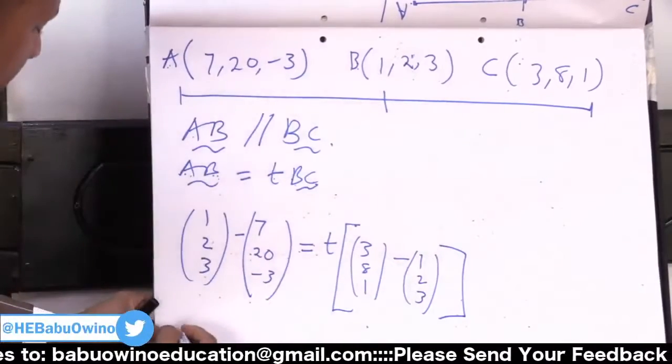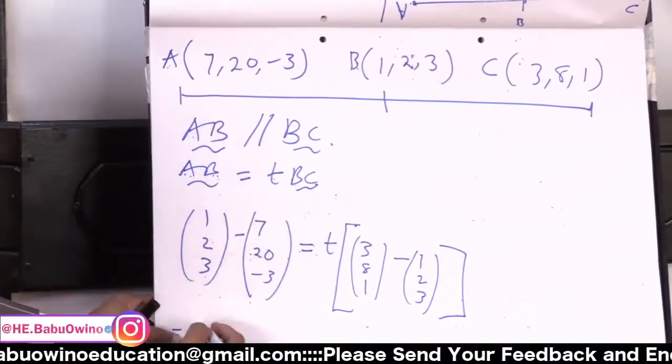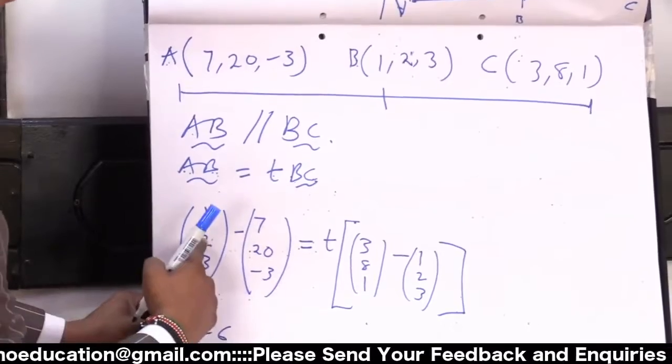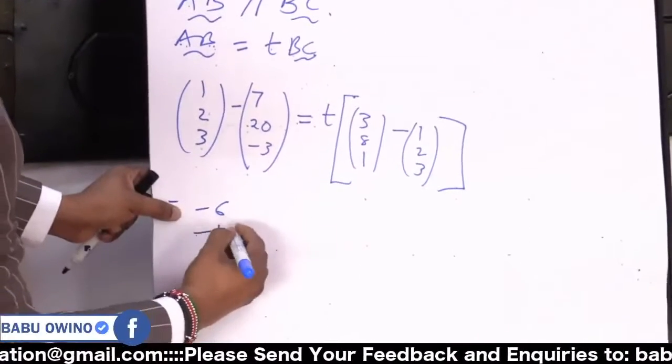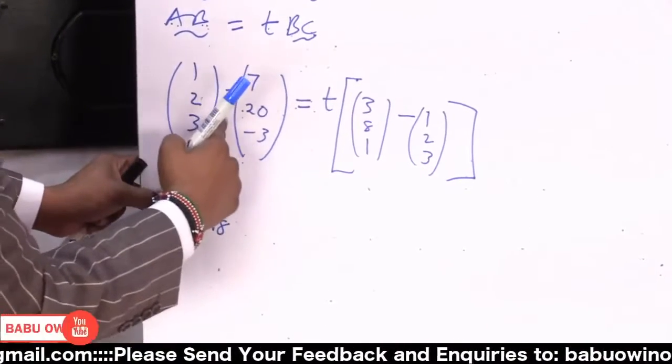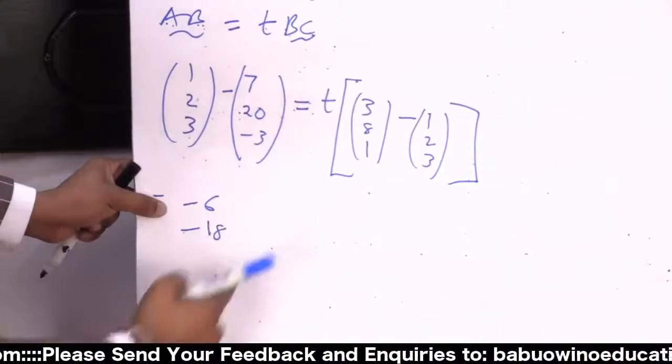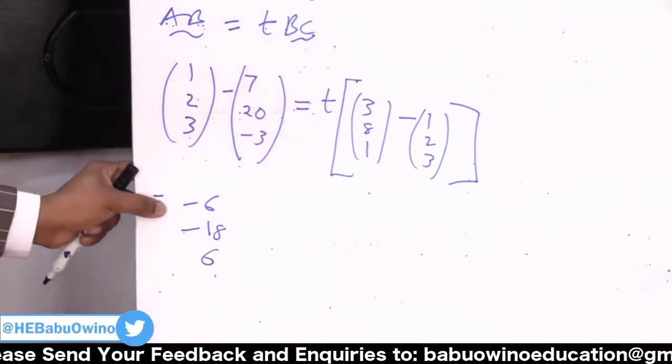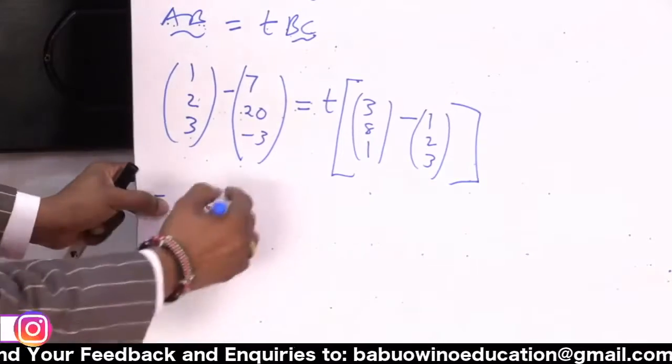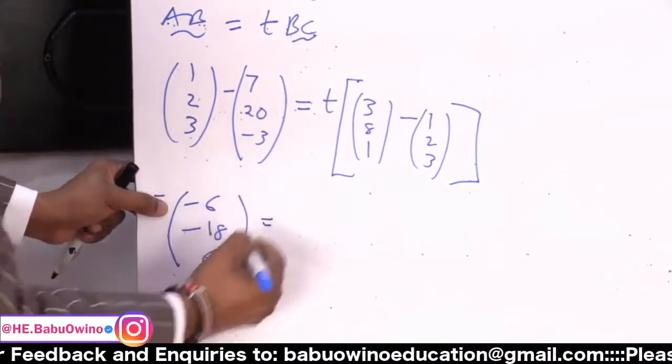So when you open this up, 1 minus 7 is minus 6. 2 minus 20 is minus 18. 3 minus minus 3 is 6, the same as 3 plus 3 is 6. Be careful with the signs.